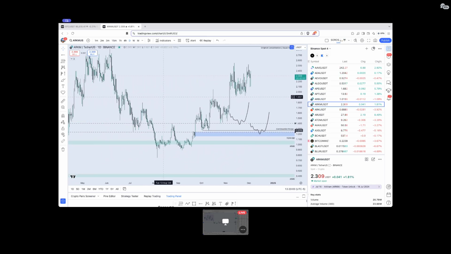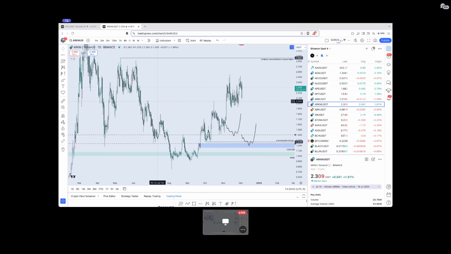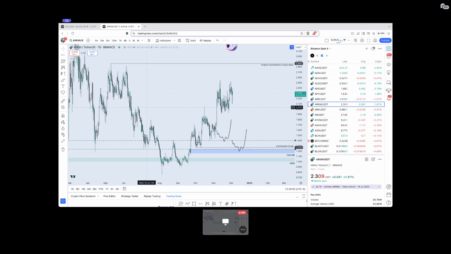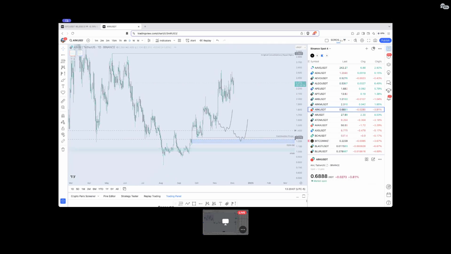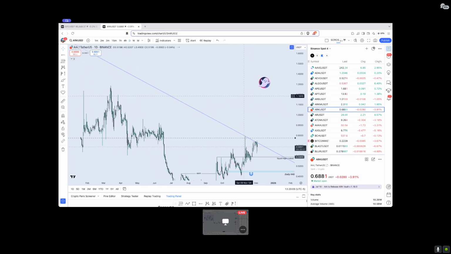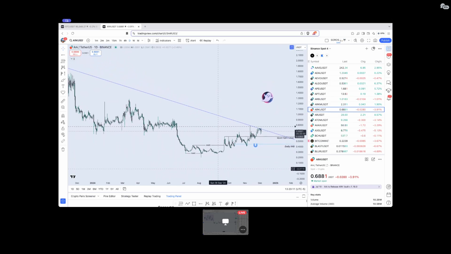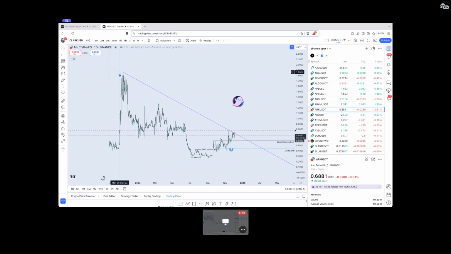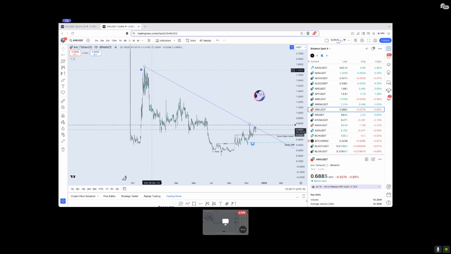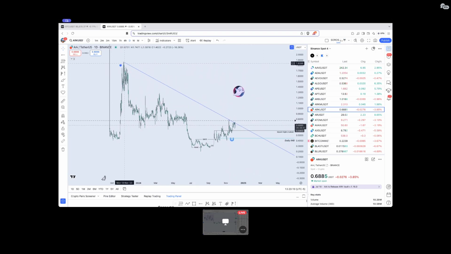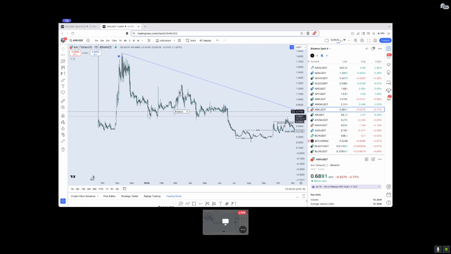Arkham is driving me insane, bro. I'm not getting my entry on this one. Arc is doing well. So this one is kind of positioned for breakout now. I'm monitoring this zone because you have your supply line, your final supply right here, and you have structure here.